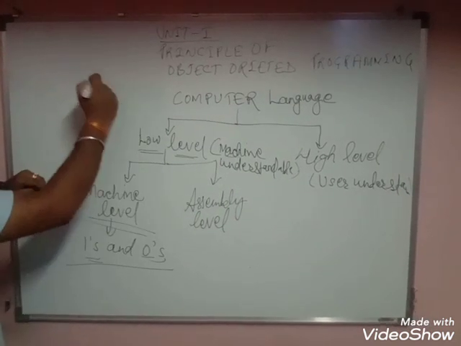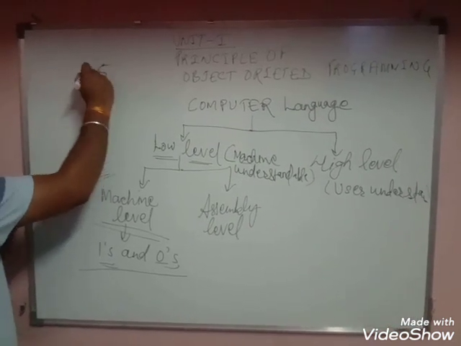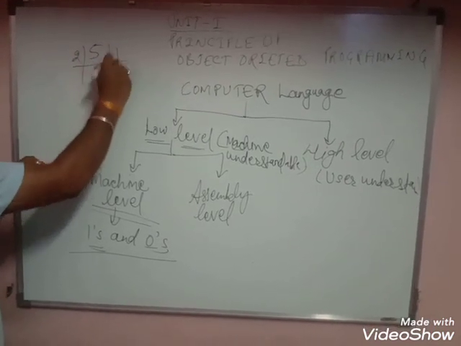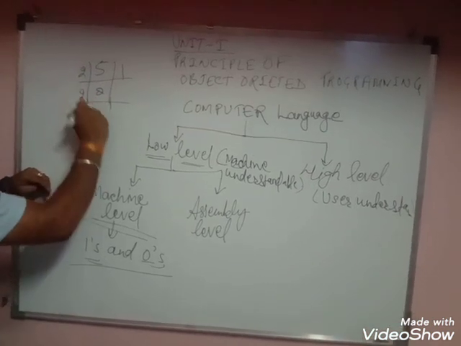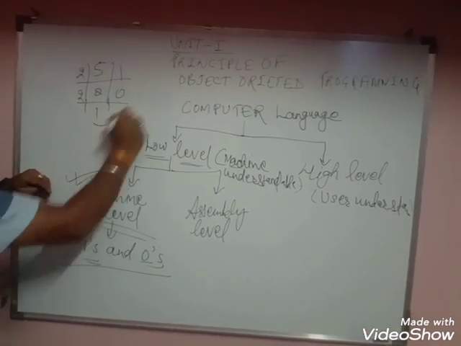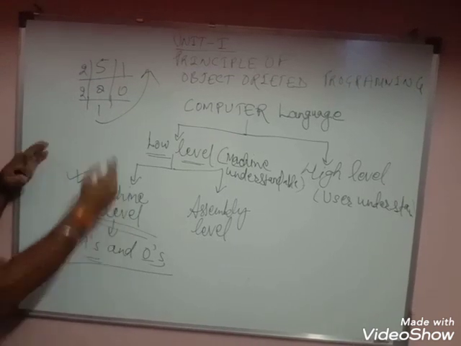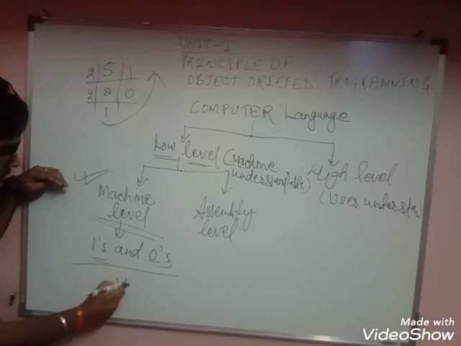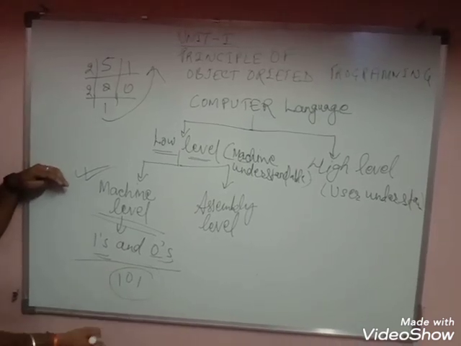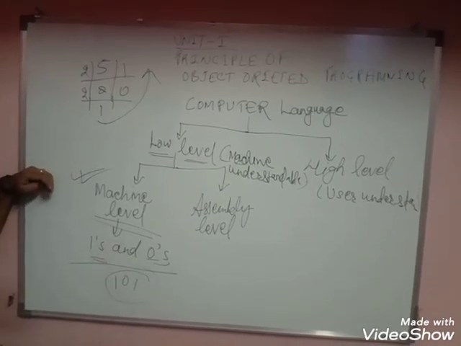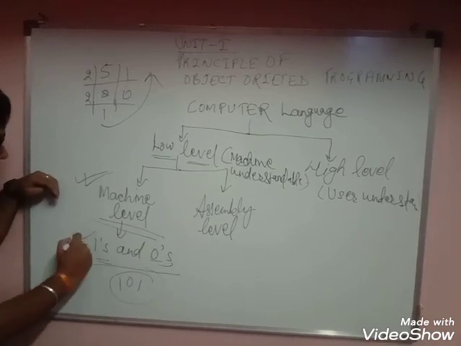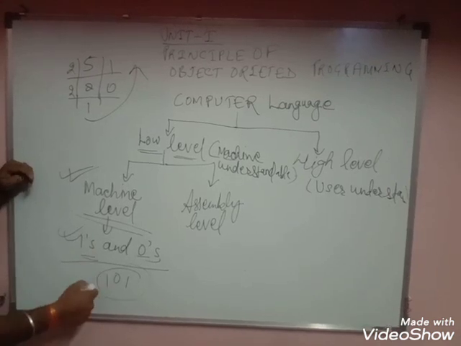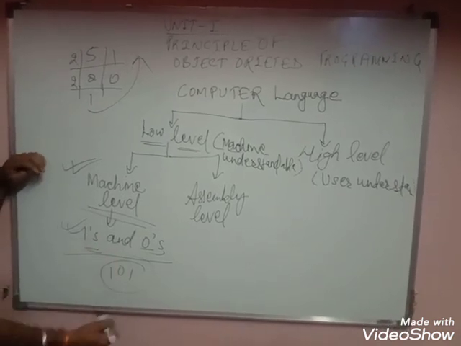For example, if you want to write 5, you have to convert it into binary form: 5 divided by 2 gives quotient 2 and remainder 1, 2 divided by 2 gives quotient 1 and remainder 0, and then 1. So the binary form of 5 is 101. If you want to write 5 in machine level language, you have to write 1 0 1. This is the code of 5. So in machine level language you have to write everything in ones and zeros form only.